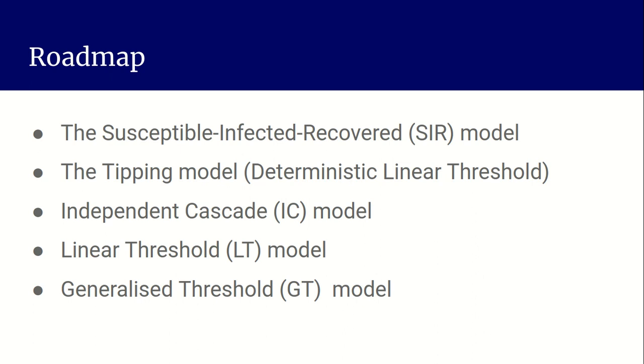This slide lists the models that we are going to talk about in increasing order of complexity. The first one is the simplest one, which has very simple and abstract assumptions, whereas the last one is the most complete and the most complex one. The last model is a generalization of the linear threshold model and the independent cascade model.